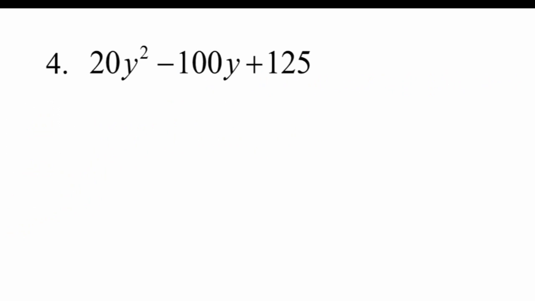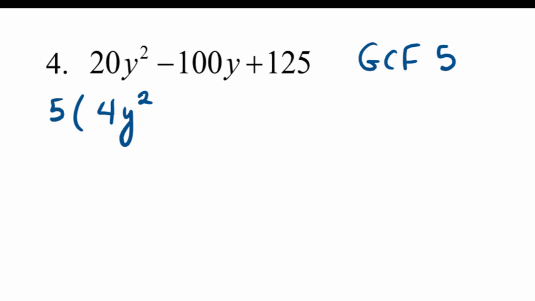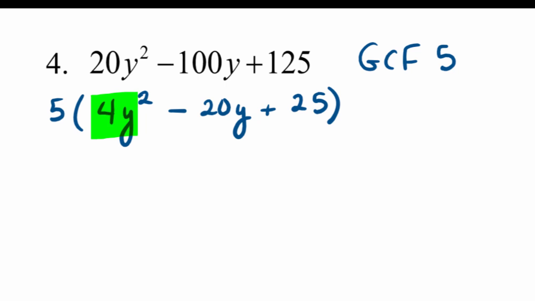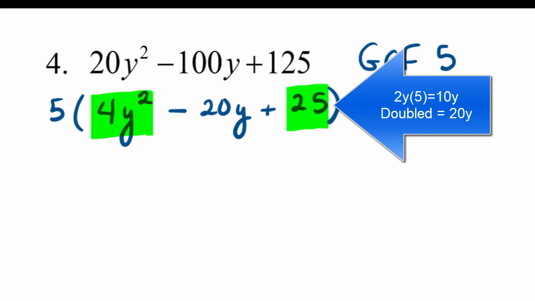In number 4, there is a GCF, once again, of 5. Okay, so we're going to factor that out first. It leaves us 4y squared minus 20y plus 25. We've got perfect squares in our first and third term, and we squared a 2y in the first term and a 5 in the last. 2y times 5 is 10y.